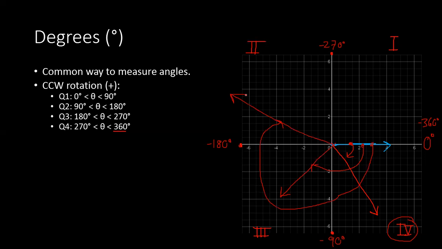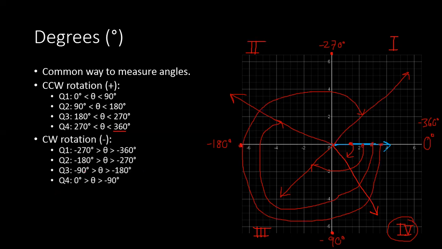The angles here are less than negative 180 degrees but greater than negative 270 degrees. If you put your terminal side at the first quadrant while rotating clockwise, then the angles are less than negative 270 degrees but greater than negative 360 degrees.